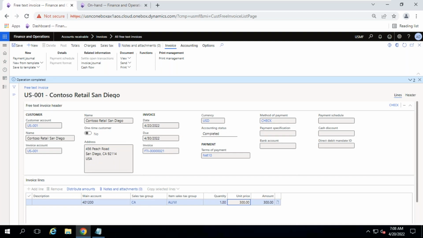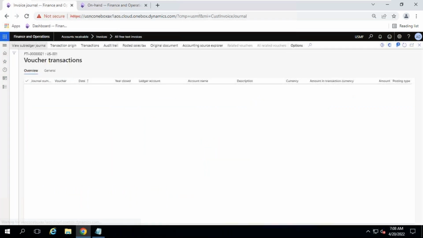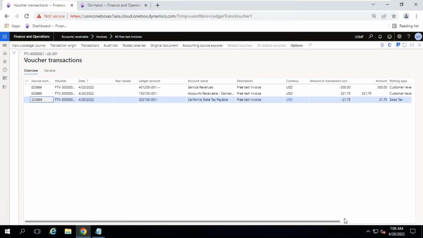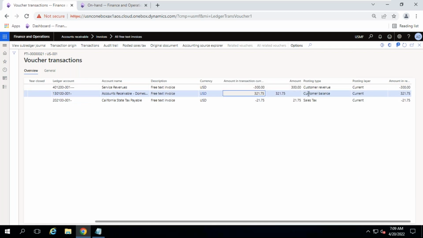Once it is posted, if you want to verify the voucher, you can click on invoice journal and click on voucher. It will show you, of course, taxes also came into the picture. I will discuss taxes later. Now, customer balance account debit and revenue account credit.